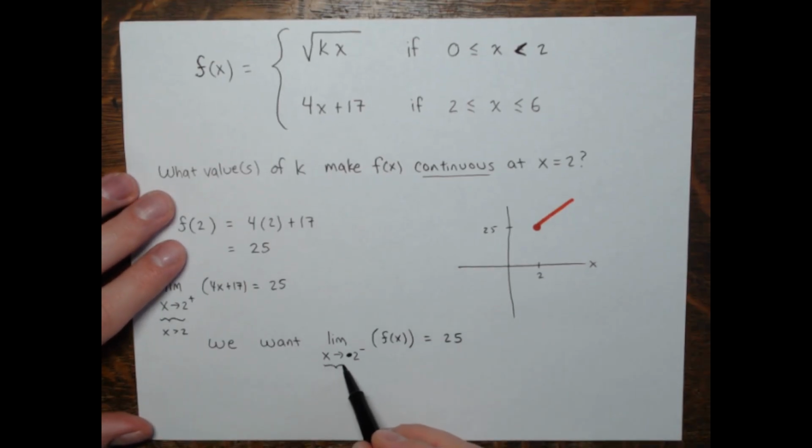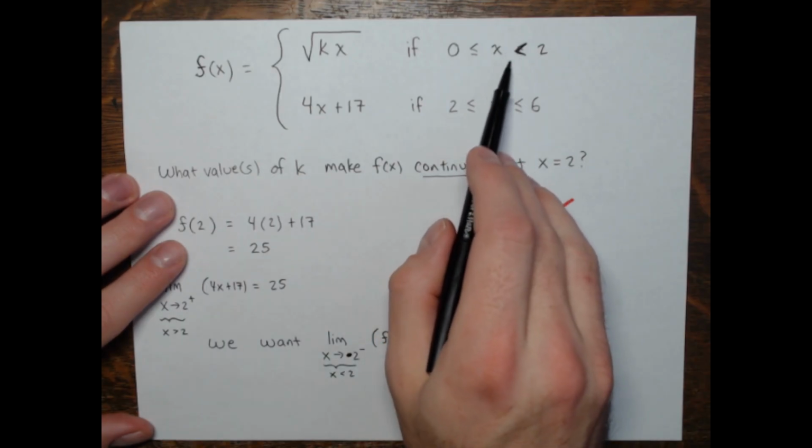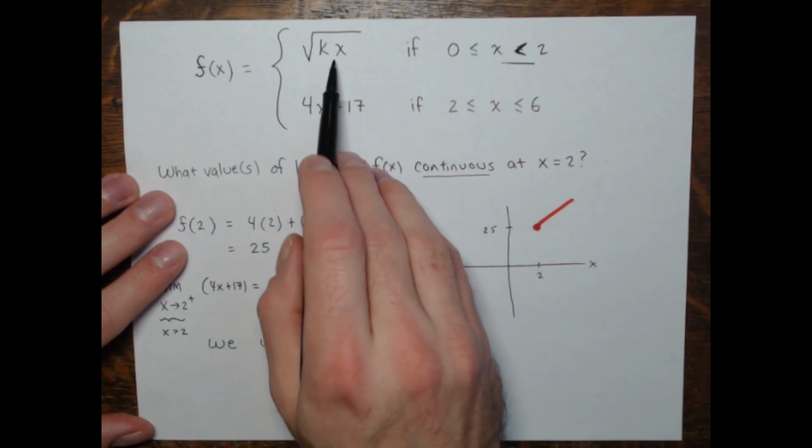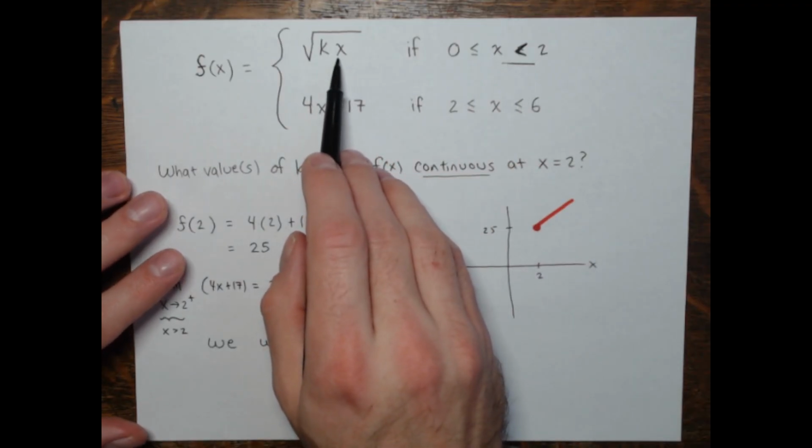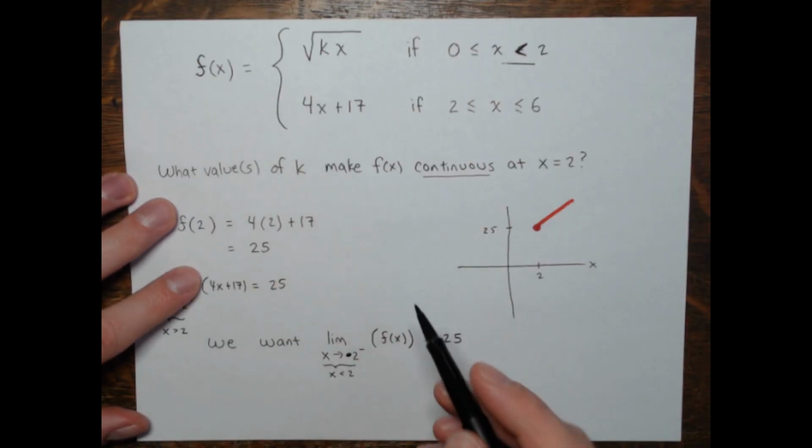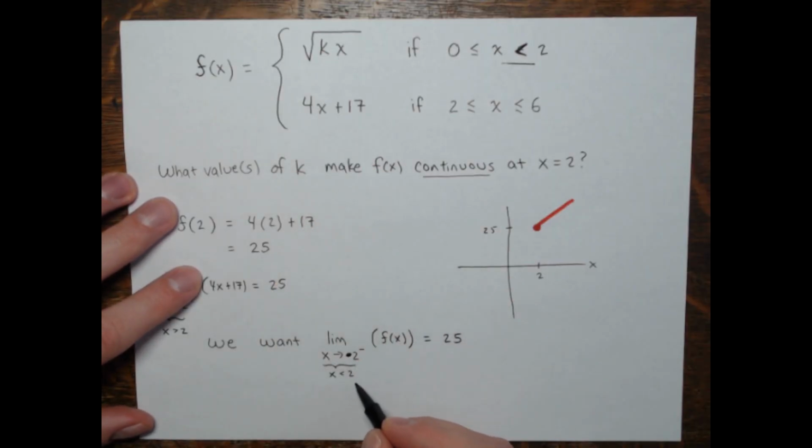And when x is smaller than 2, I'd be in this top piece, right? So just plug in 2 for x there. You get the square root of 2k. So this side, you've got the square root of 2k, and there's your left side limit. And I need this to be equal to 25. And now I have an equation where I can then solve for k.